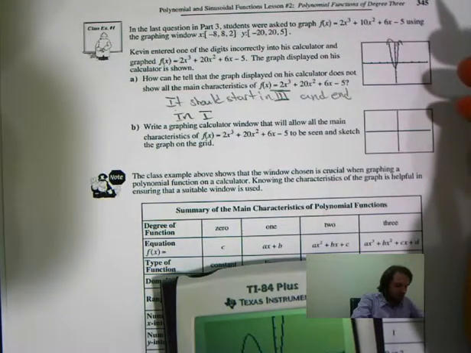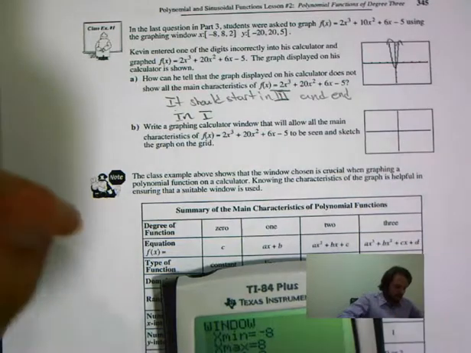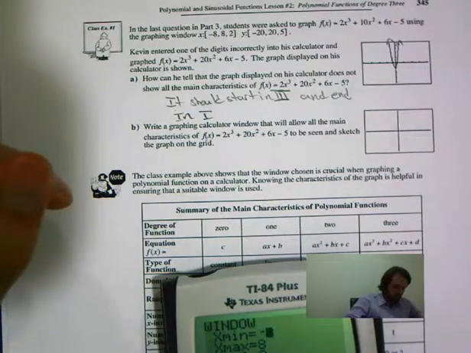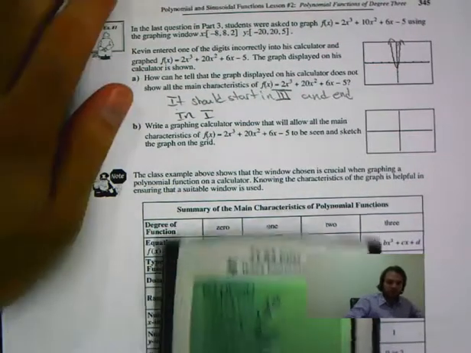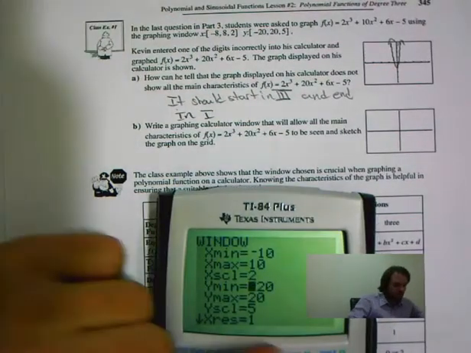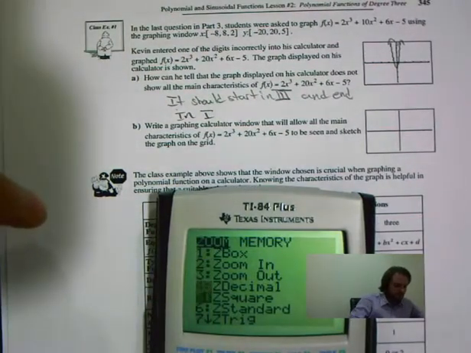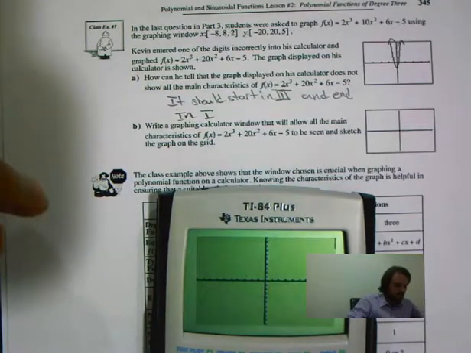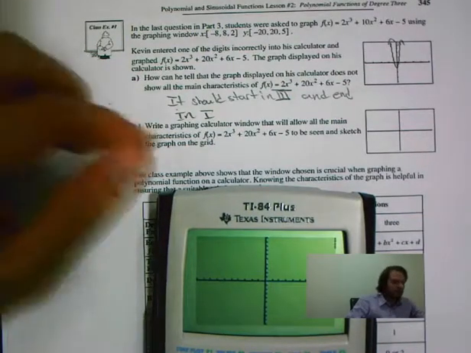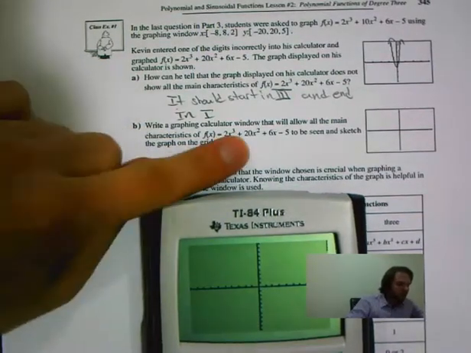And also, if we look at this, I think in this one he did 10 and 10. So basically, we have to make the window.